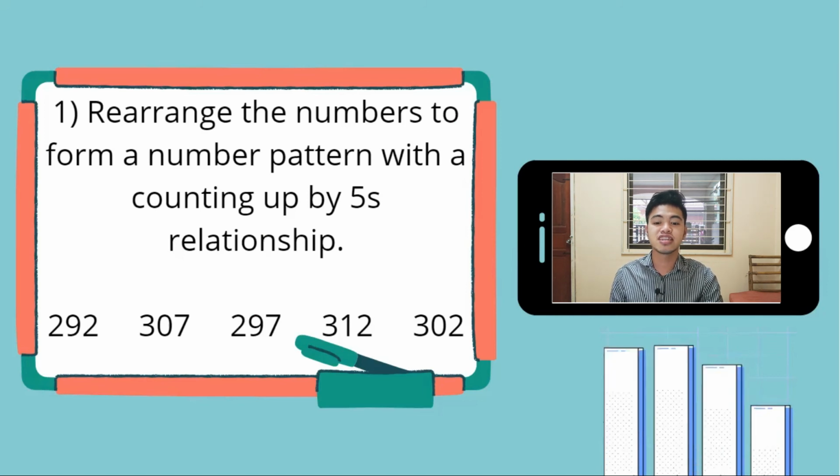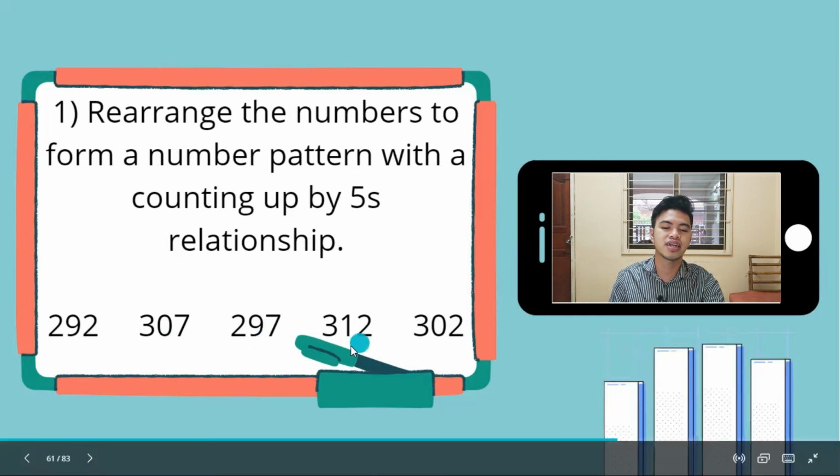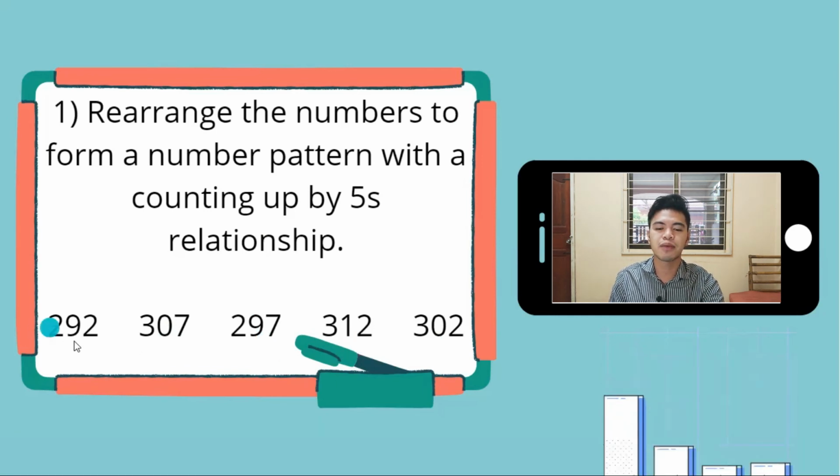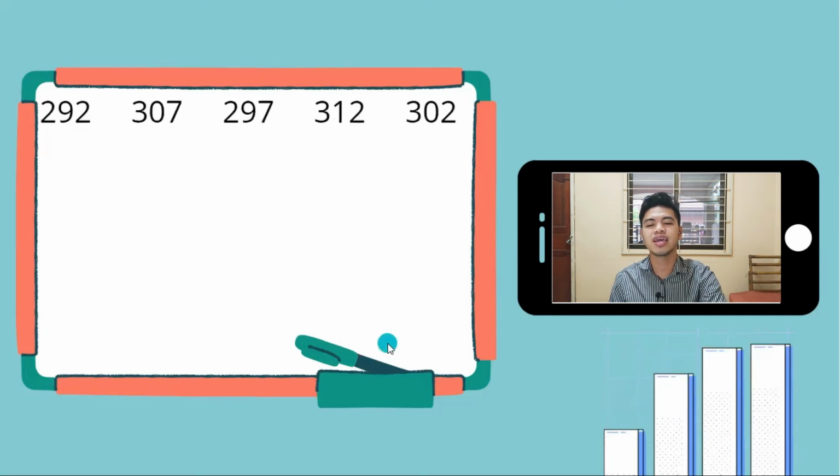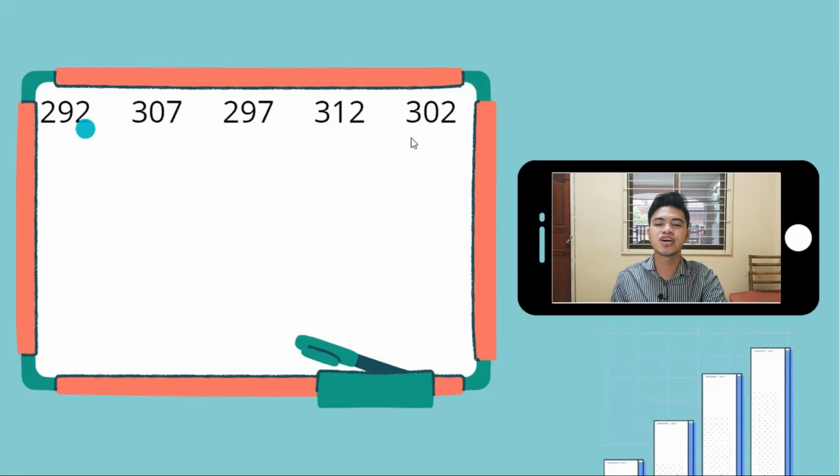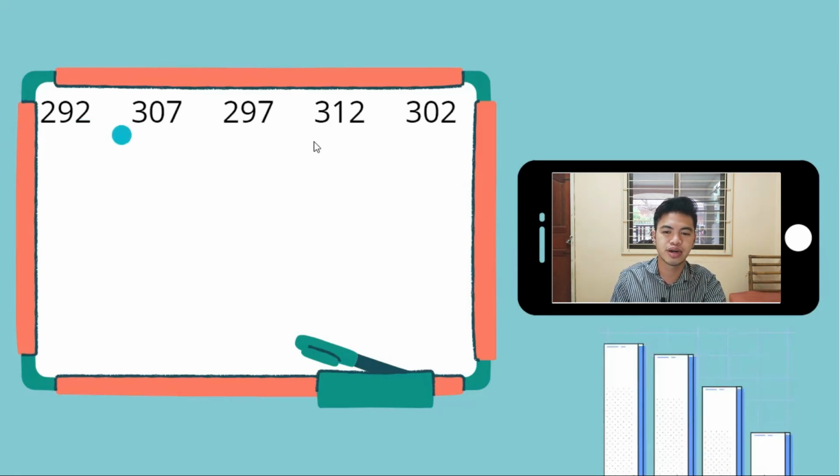We have 292, 307, 297, 312, and 302. So I will copy these numbers, okay, and put it on the next slide. Okay, here they are. So here we are going to look at the smallest number. So which is the smallest number? Okay, this is the smallest number, 292.